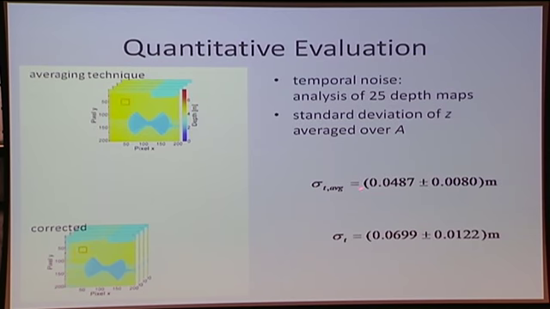For the averaging technique, we get an error of 0.048 meters, and our method gives an error of 0.0699 meters. So this fits very well to our expectation of an increase of the error of the standard technique by a factor of square root of 2. And this factor results from the fact that about a half of the light is used to generate a depth map.